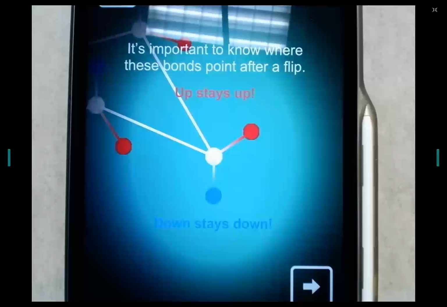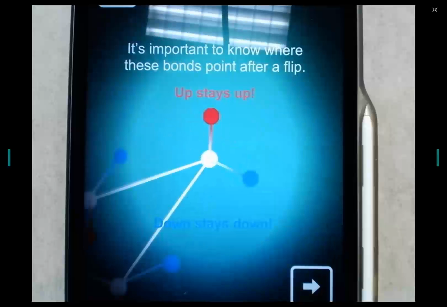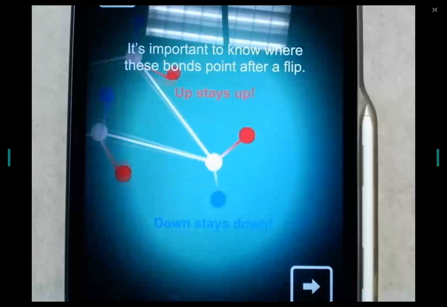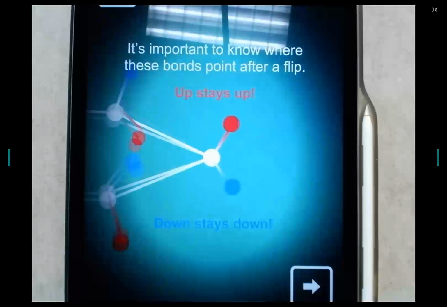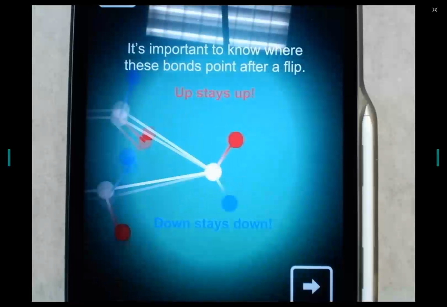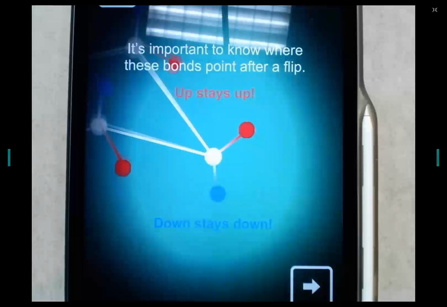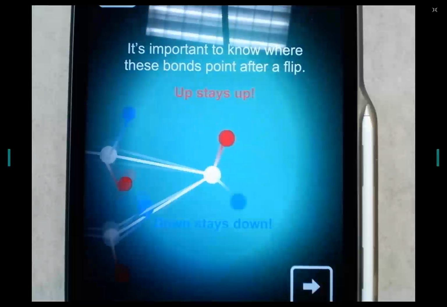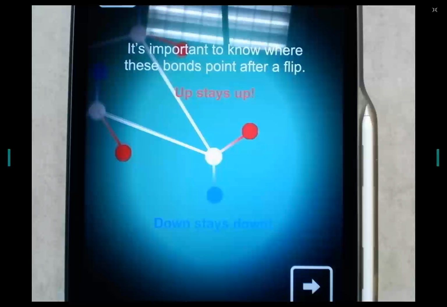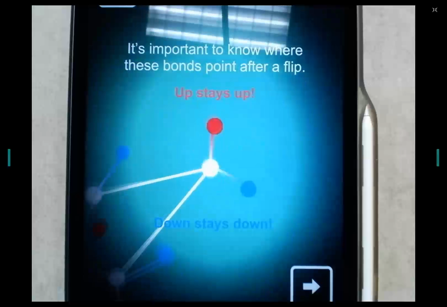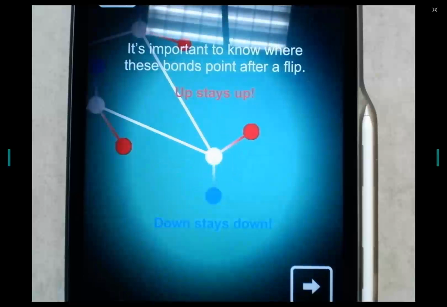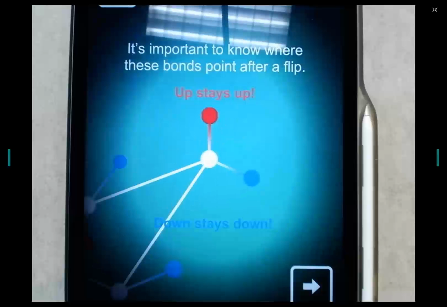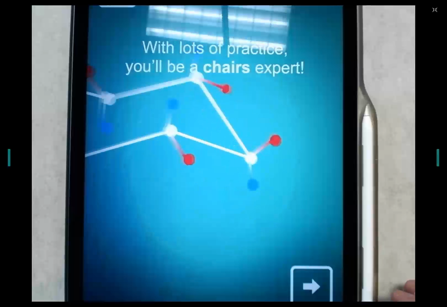That's the important part of the ring flip, because when we draw different conformations of a cyclohexane, we need to account for the fact that a methyl group might be axial or it might be equatorial. Those are the two possibilities for that group, and any group I put on the ring. So that's what that means.